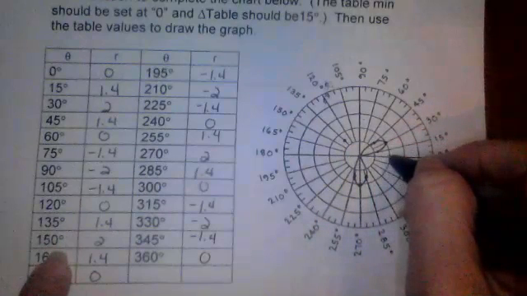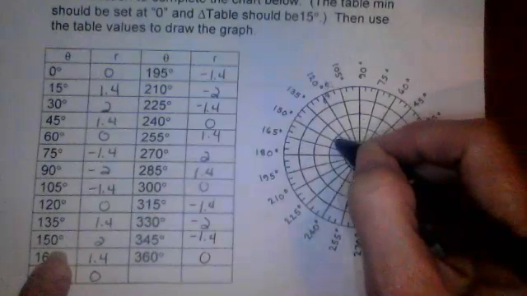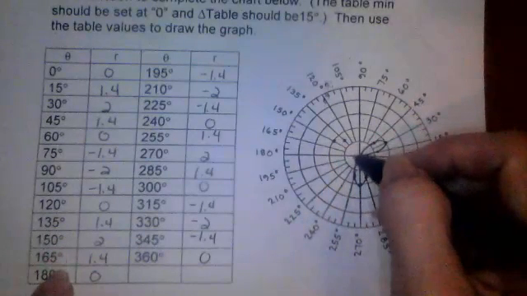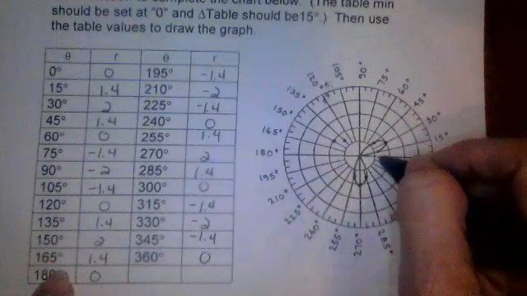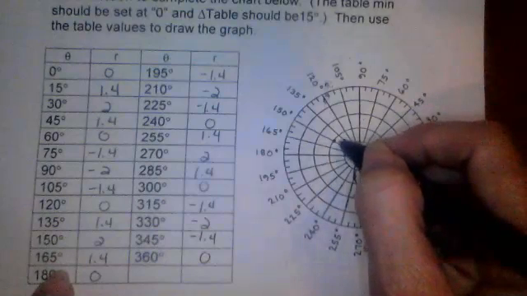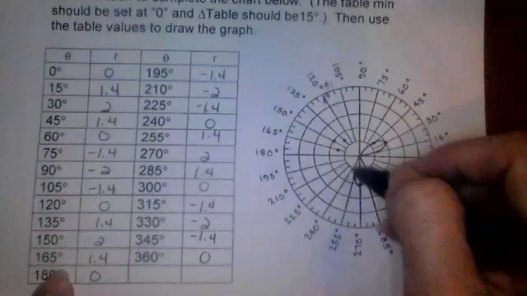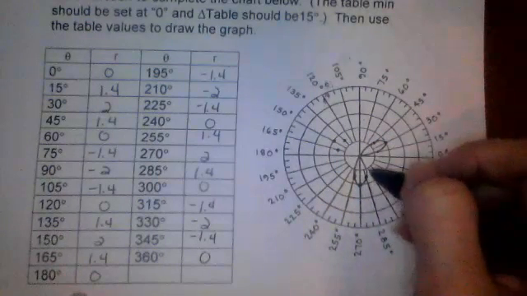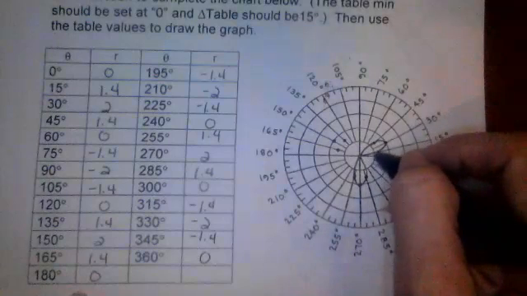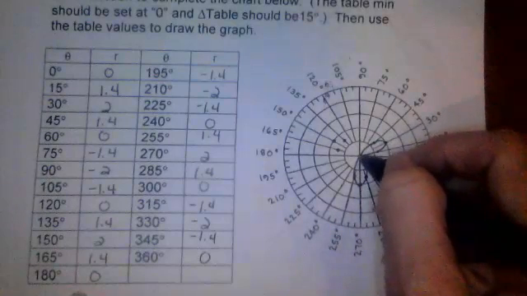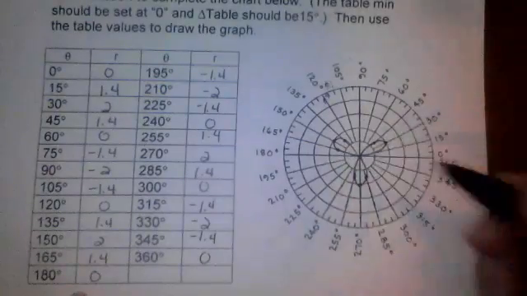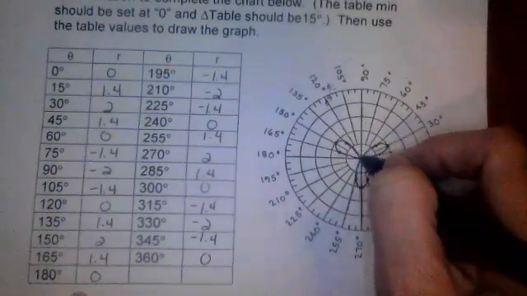Positive 2, 150. Positive 1.4 again, 165. And then 180, 0. So we went this way, down, and now it comes back up to here. And those are our petals.